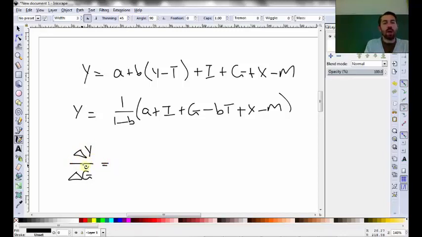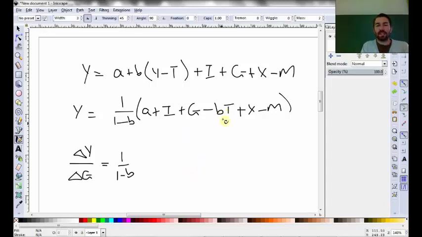And that change in output, given some change in government spending, is going to be, and I think we went through quite a lot of detail about how we derive this, the change in y for a change in g. We ignore all of these other constants as I change g. This would be my government spending multiplier. Everyone happy with that? There is a video on it. If you're not comfortable, remember, just go back and watch that video. And I think we've got notes on it too.